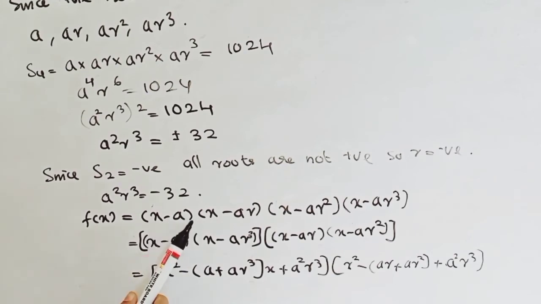Here we can take x minus a and x minus ar cube together, and x minus ar and x minus ar square together. That is, x minus a and x minus ar cube gives x square minus (a plus ar cube) x plus a square r cube, and the other pair gives x square minus (ar plus ar square) x plus a square r cube.